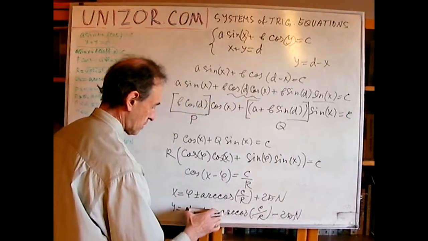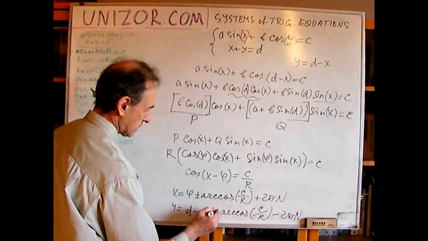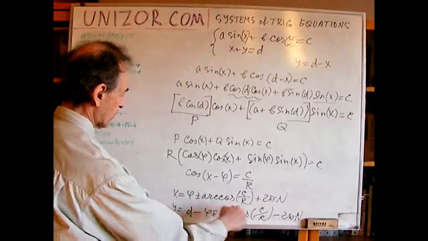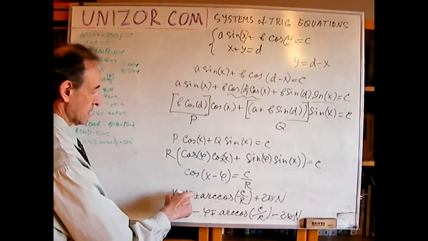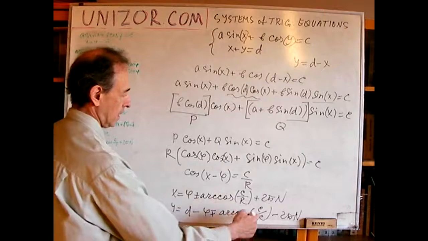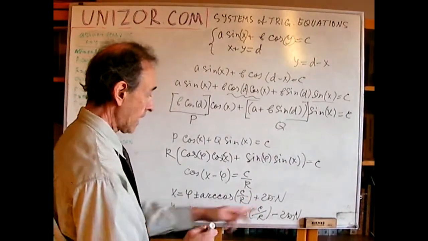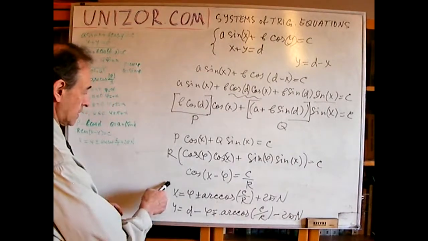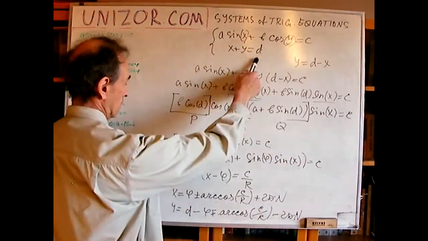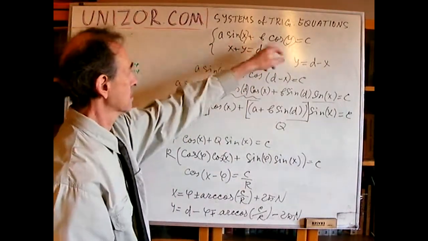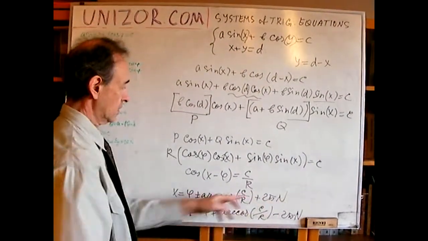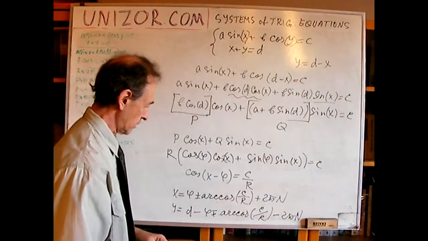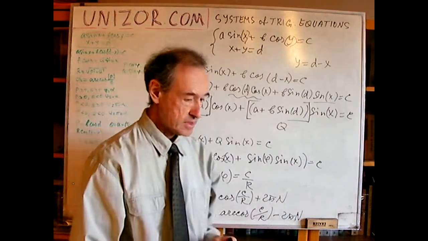I really have to preserve the sign, so it's not plus minus, it's minus plus, right? Because it's d minus x, so I have to reverse all the signs. Minus phi, instead of plus minus, I should put minus plus, and instead of this plus minus, where n is any integer number, obviously. Okay, now x plus y would be equal to d, but as far as this relationship, it doesn't really matter about 2 pi n because it's a periodic function. All right, so that's the solution.